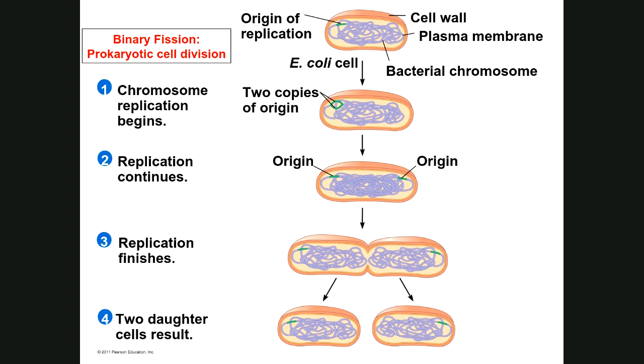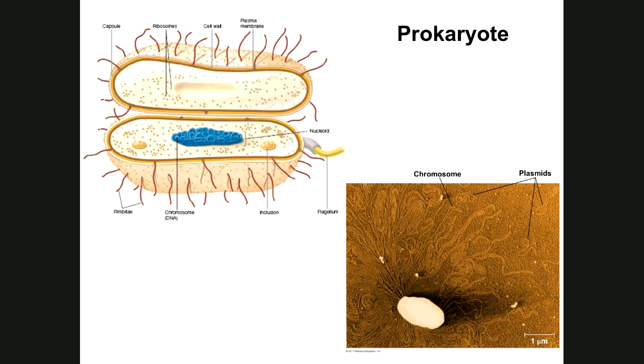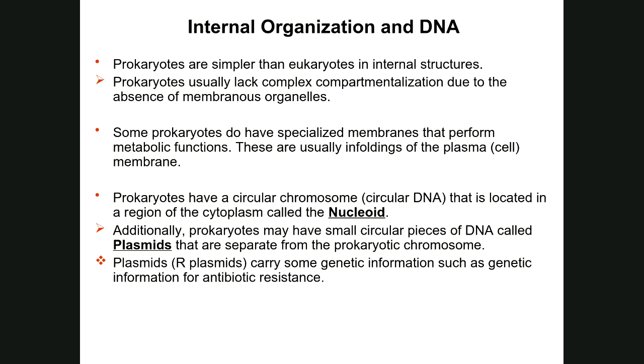These small circular pieces of DNA can actually be shared between two separate bacteria. So if one prokaryote has this very small circular piece of DNA called a plasmid, say an R plasmid, but another one doesn't, the one that does can actually make a copy of that plasmid and share it with another. We'll go over this, called conjugation.